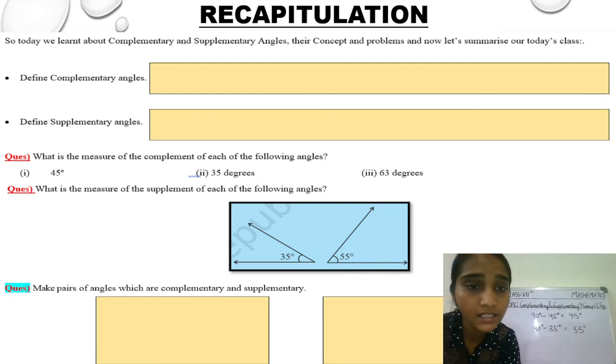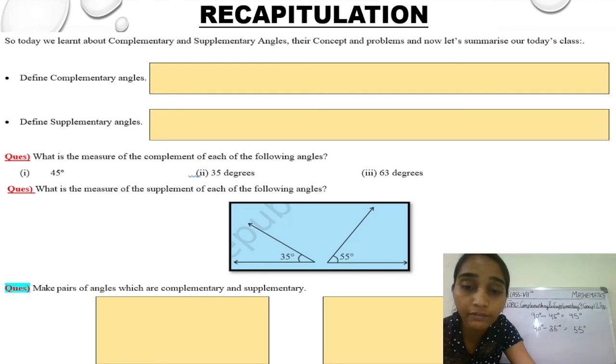And students, what is the measure of the supplement of each angle shown over here, 35 and 55? For the 35, you will subtract it from 180 degrees, and whatever angle you get, you will say that is the supplement of it.